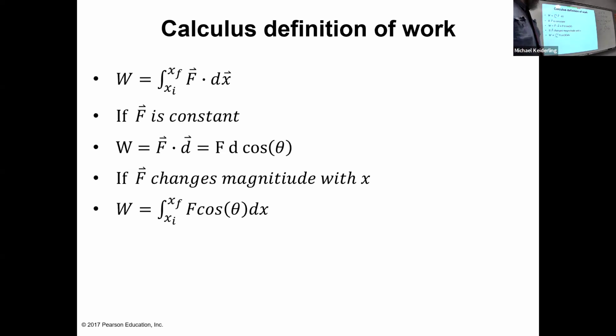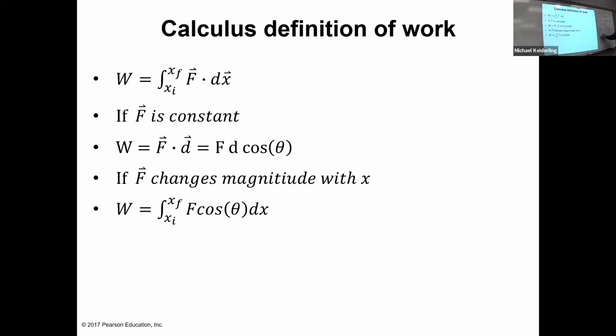So the example we're going to talk about is a spring, where for a spring, force is minus kx. So work ends up being the integral of minus kx dx from x initial to x final.